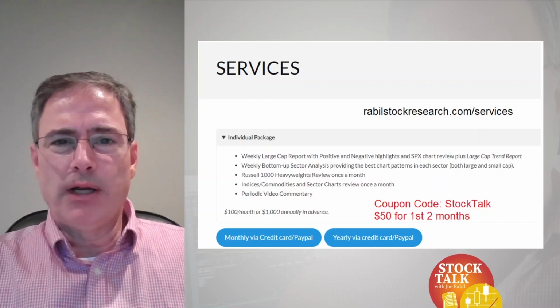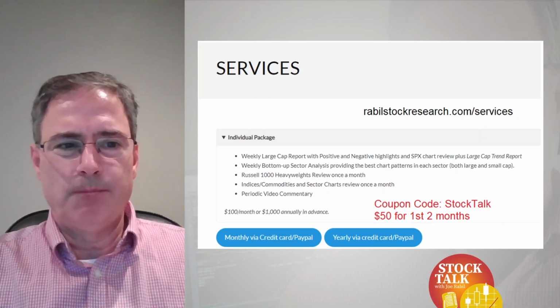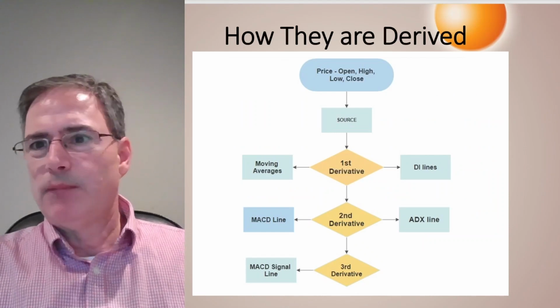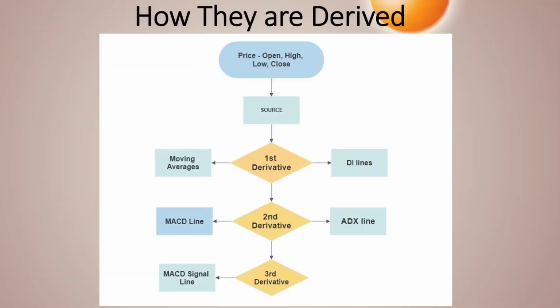So we're going to go ahead and get into this discussion on the MACD and ADX. So the first thing I wanted to do is talk about how they are derived. And the reason why this is so important is that where I want to focus in on is price.